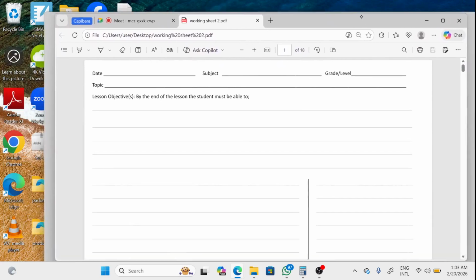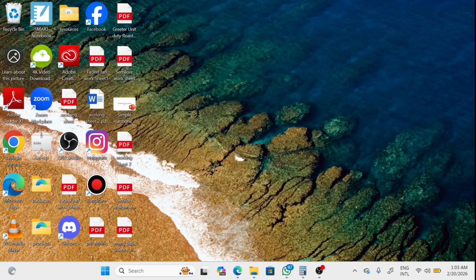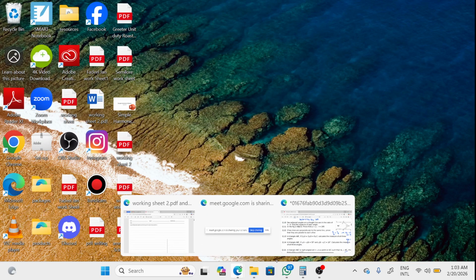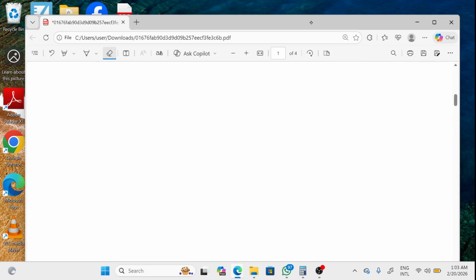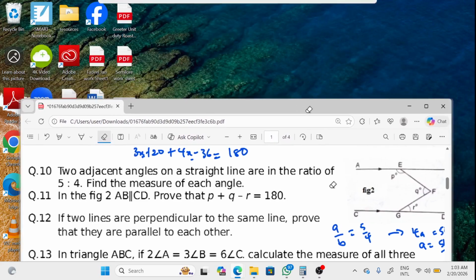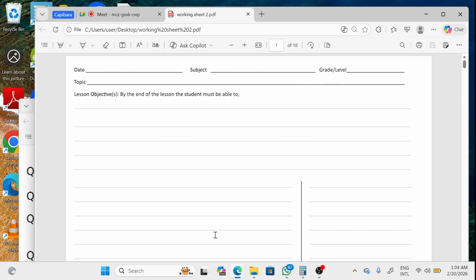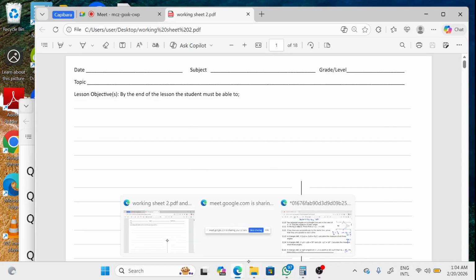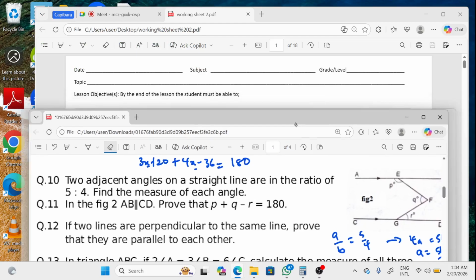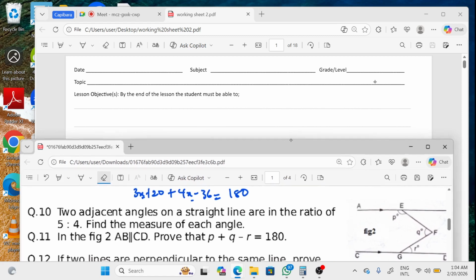Let this one be help. This one should be help, and this one should be help, and the other one should be down. This one should be down. Is that what will work? Let's see if it works. Okay, so let's see how it goes.